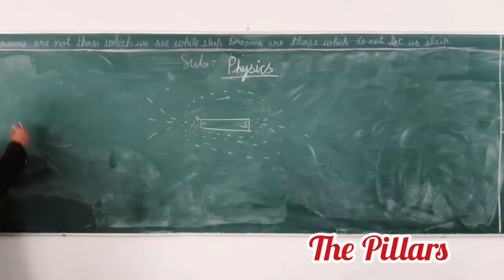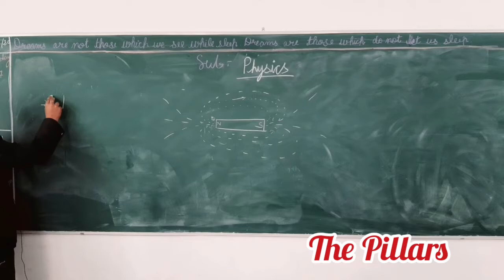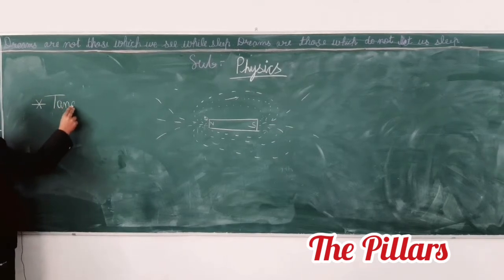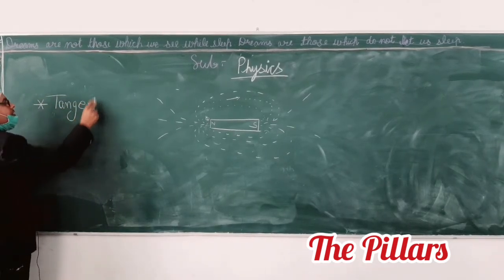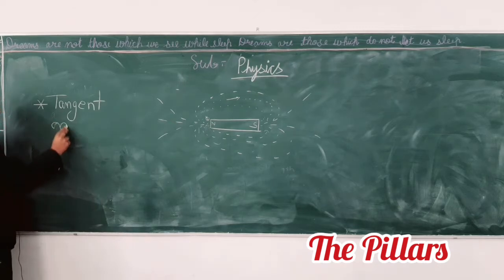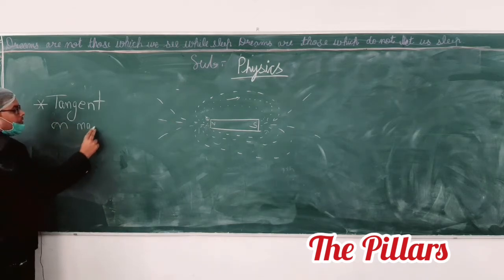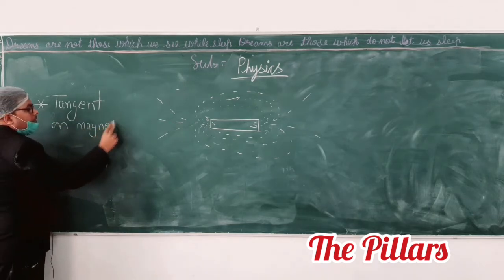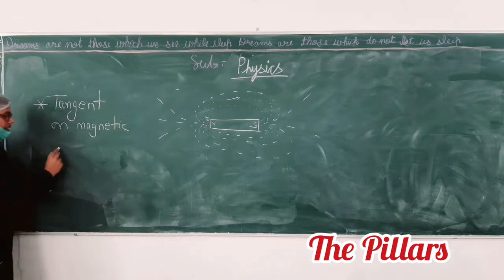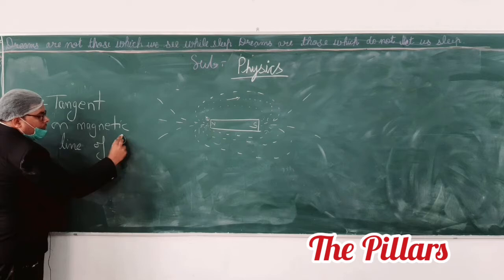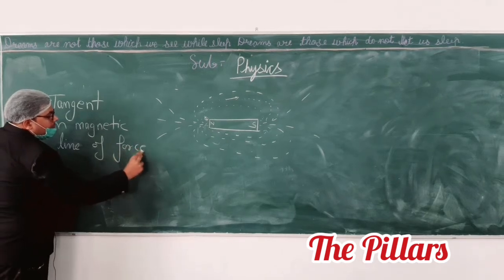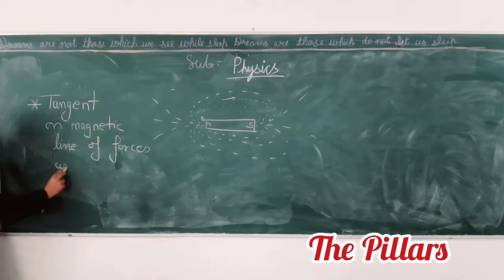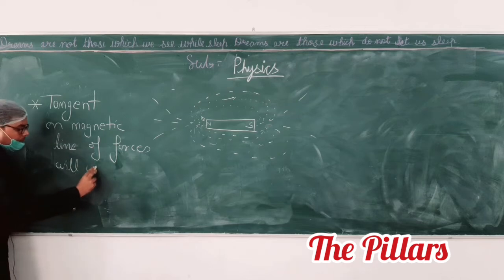So we can write: tangent on magnetic line of forces will give direction of magnetic field. Sir, MF experience, no, sir.